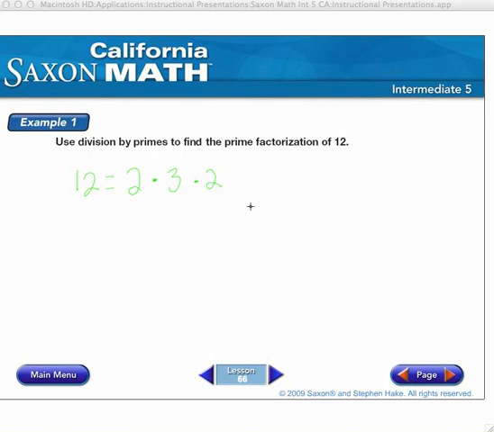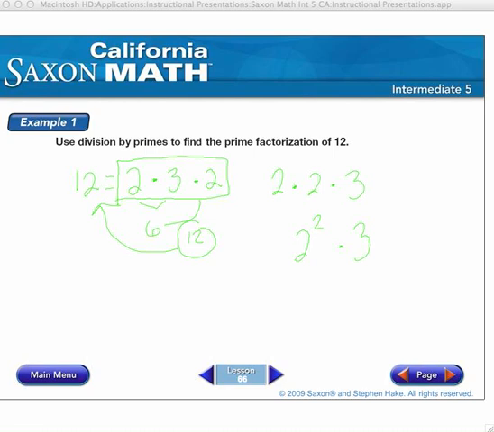I'll show you how we get that in a minute. If I multiply 2 times 3, I get 6. If I multiply 6 times 2, I get 12, and I'm back to my original number. So this, 2 times 3 times 2, is the prime factorization. I would actually write it as 2 times 2 times 3. That's the proper way to write it. Or 2 squared times 3, because 2 times 2 is the same as 2 squared.